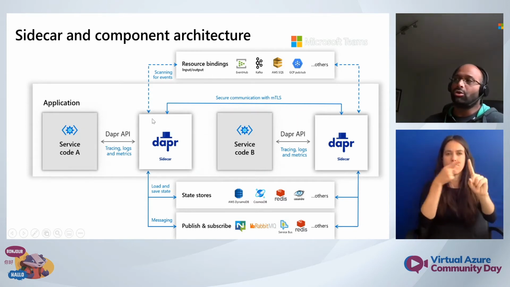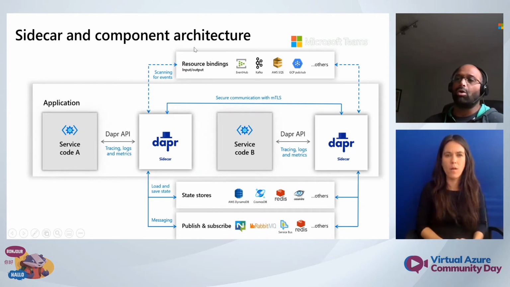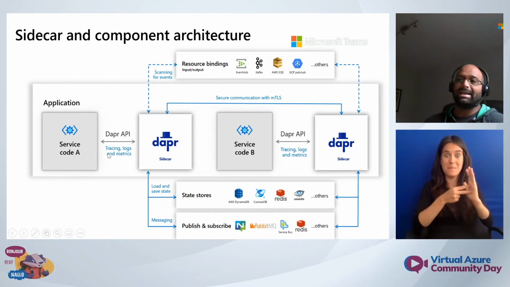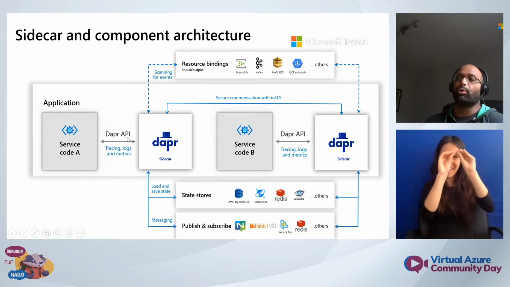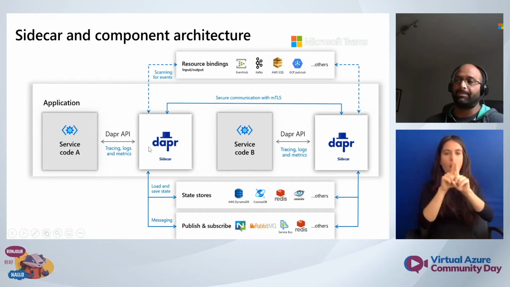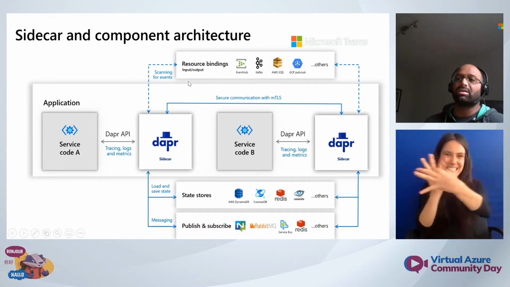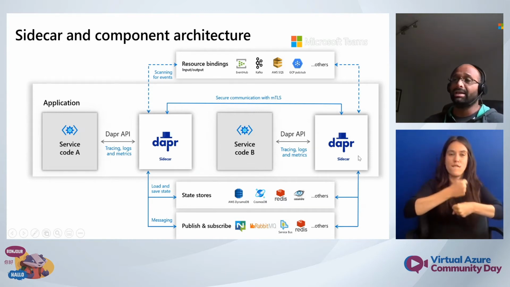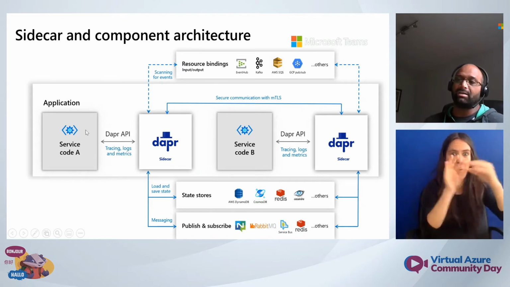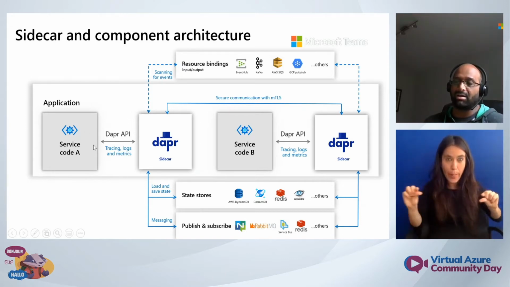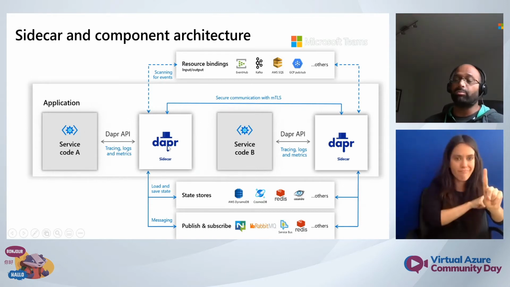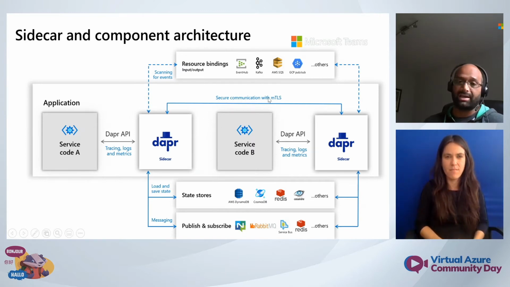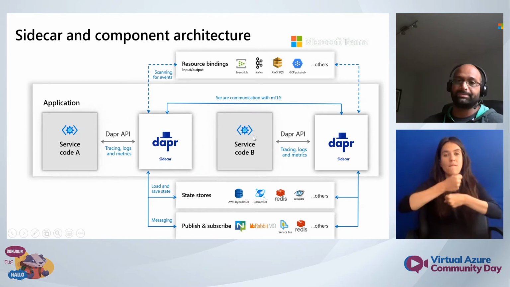They are not calling these components directly. All they are doing is making a localhost endpoint call to access this functionality. Even when this service has to invoke a function on the other service, it makes a local endpoint call to its sidecar, and this sidecar, using mutual TLS, speaks to the other sidecar. Finally, the function gets invoked over here.